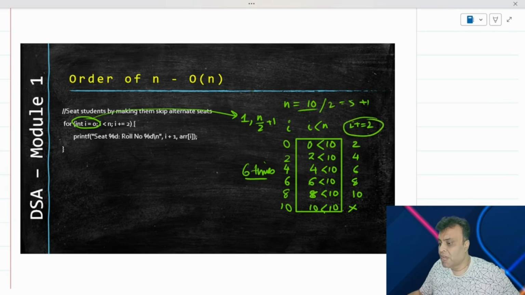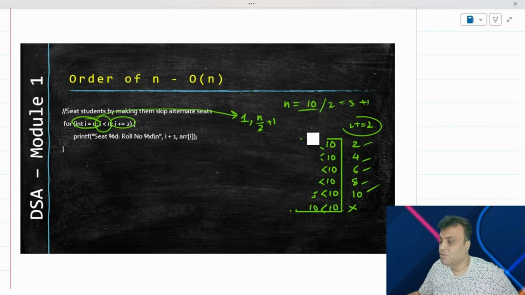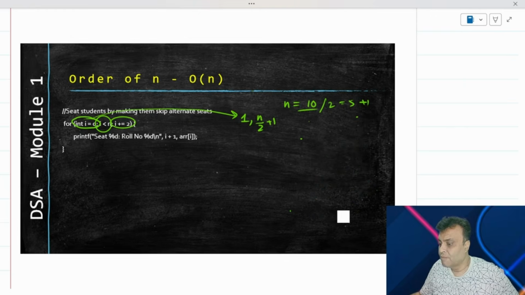And how many times is this i plus equal to 2 executing? This is executing 5 times. So this is executing n by 2 times.